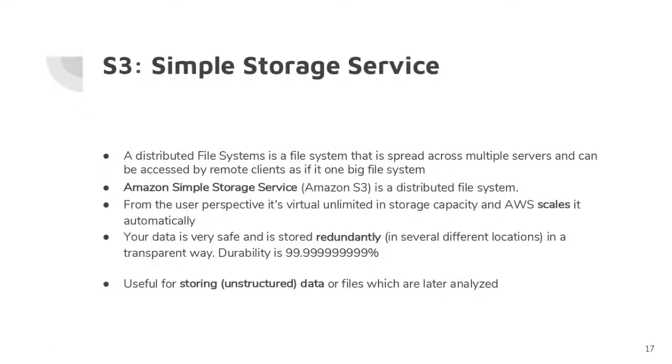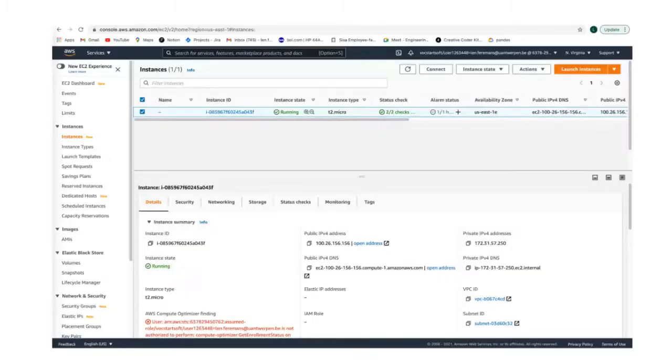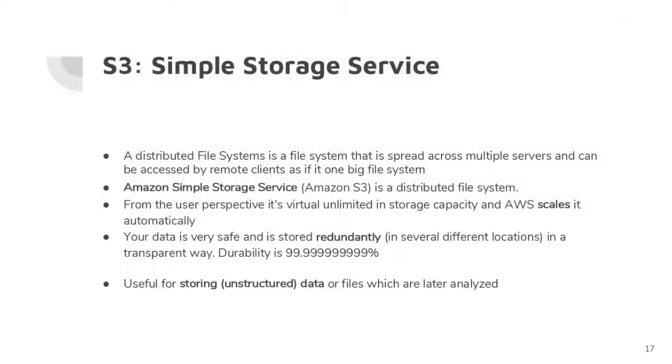So that's one essential part of the AWS platform, and this is really for infrastructure as a service. So this is really the lowest layer of abstraction you can have when you interact with a cloud service.